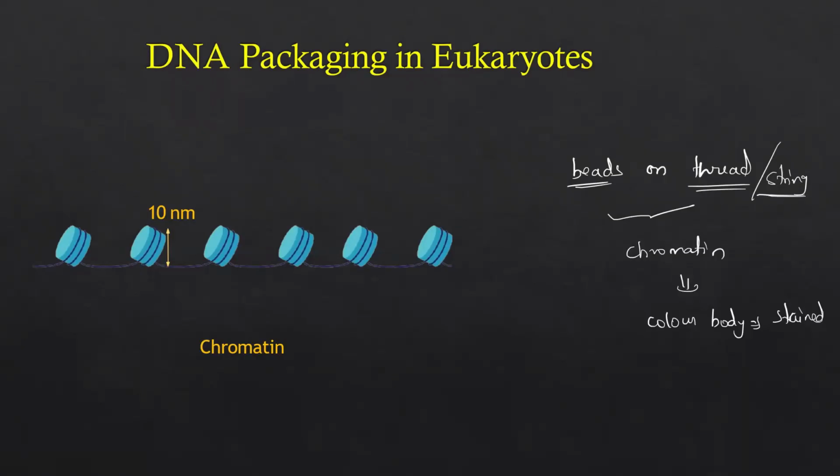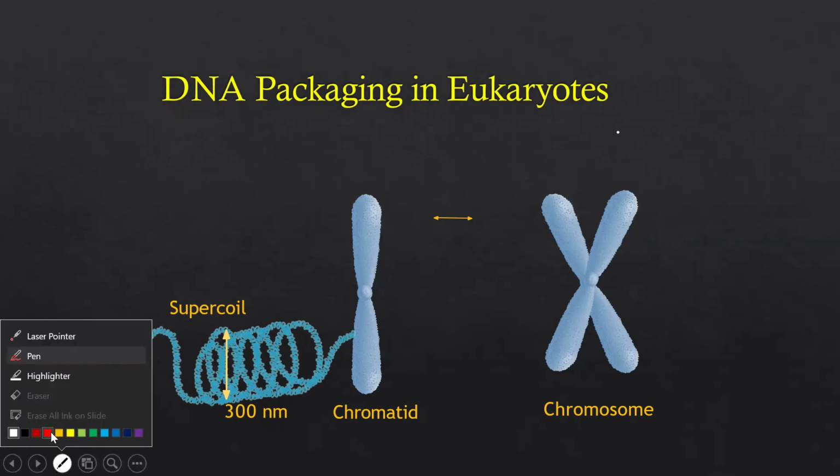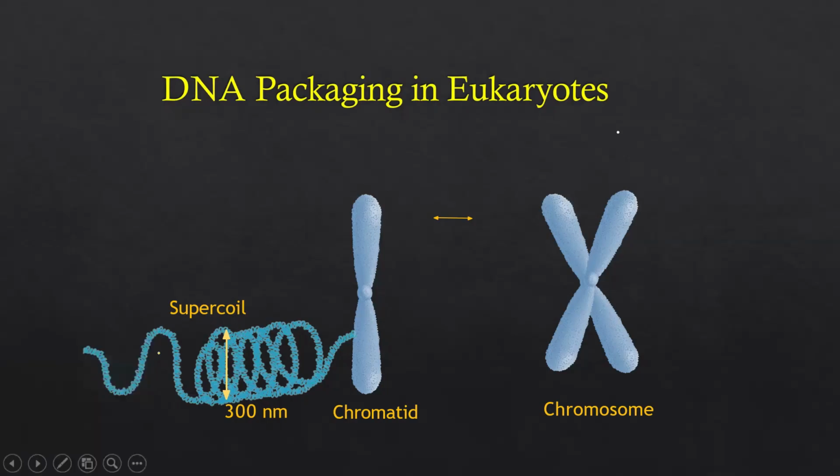Now this long thread of chromatin is supercoiled with the help of another kind of proteins. Remember, for making this chromatin, we need a protein called histone. But for additional complex folding or supercoiling, we need another set of proteins, called the non-histone chromosomal proteins.